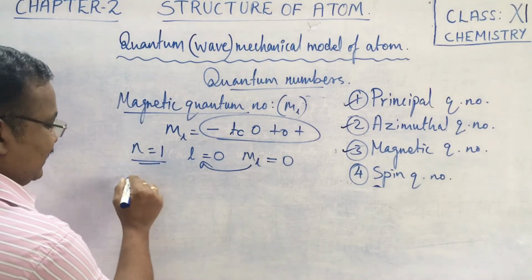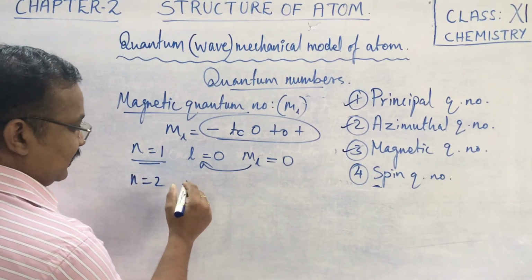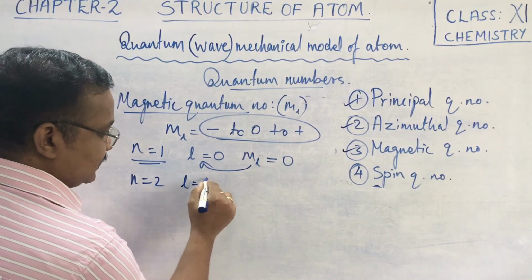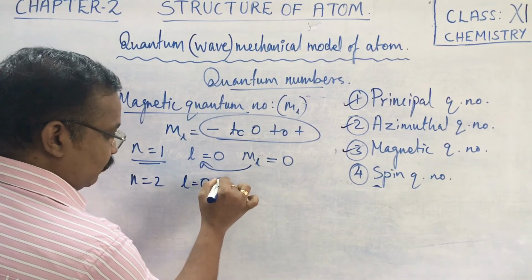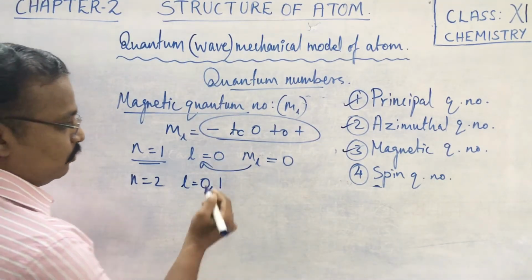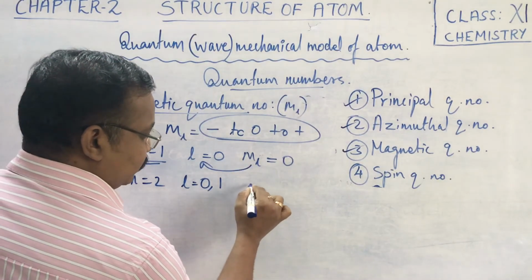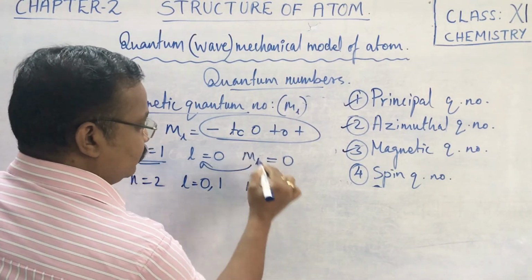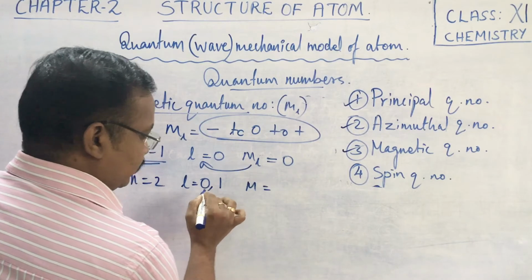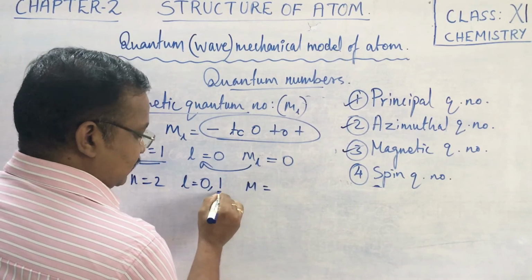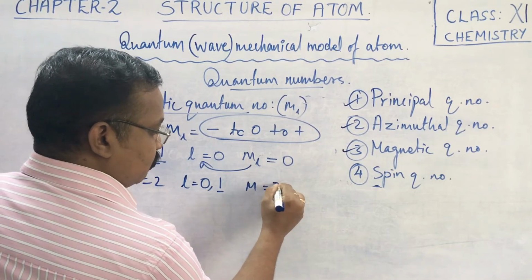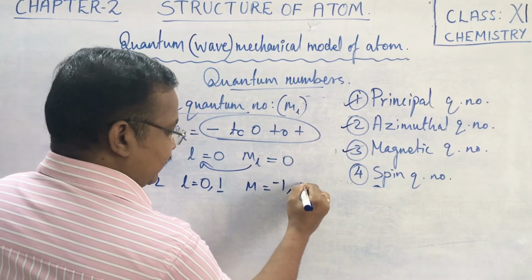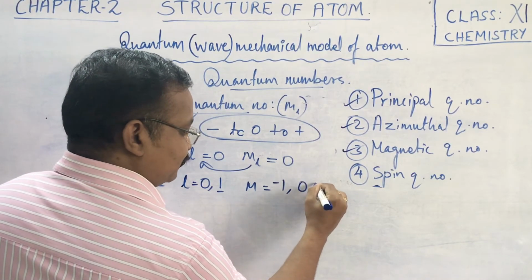Now n is equal to 2, then L can have values 0 and 1, isn't it? Now ml will have values: 0 is there, then the maximum value is 1, so minus 1, then 0, then plus 1.